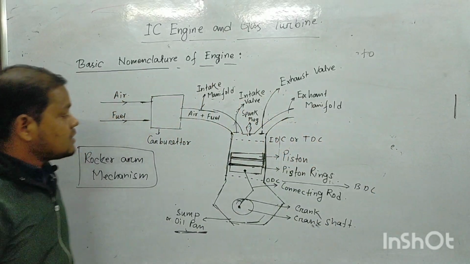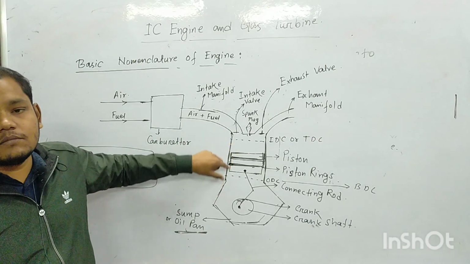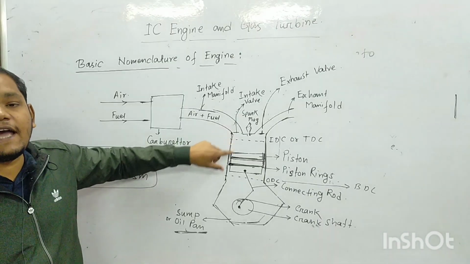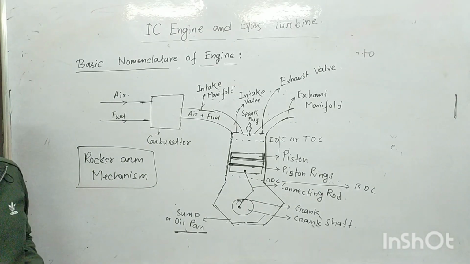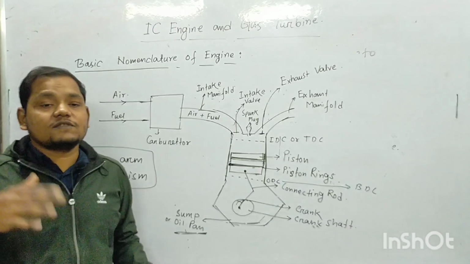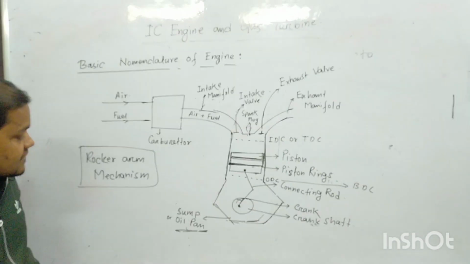The piston moves generally in between these two dead centers, that is top dead center and bottom dead center, and performs the different types of strokes that we will be discussing in the next class.